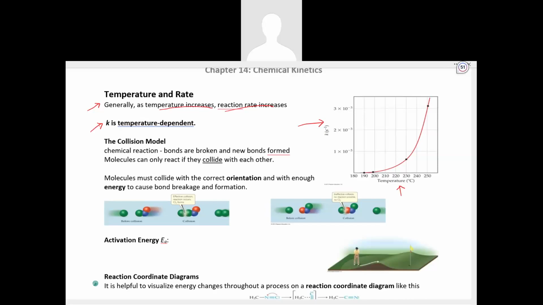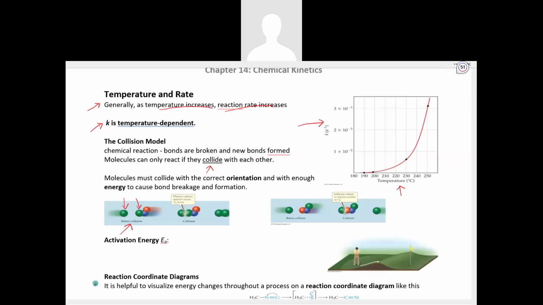So this is, again, due to the collision model, which states that in a chemical reaction, bonds are broken when two reactants collide, and then new bonds are formed. So we can see down here that before a collision, we have these two different molecules, this one that has the green end here, and then this one also oriented with the green side of the molecule pointing towards the other green atom there.